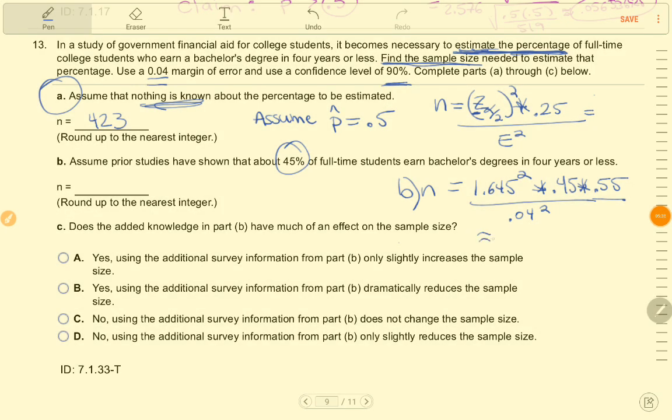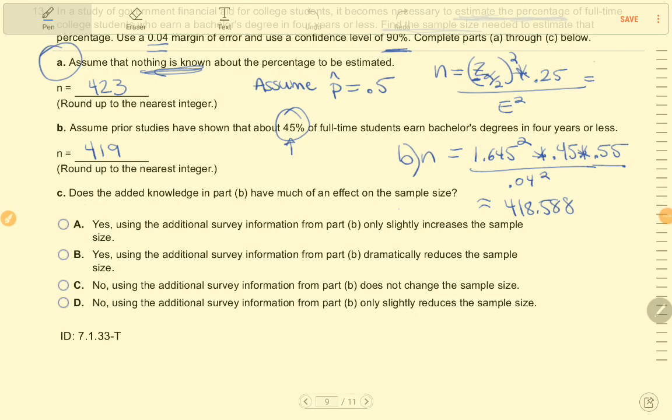Okay, so that gives me 418.588-ish. So I will need at least 419 people in my study when I know from previous records that about 45% tended to be.